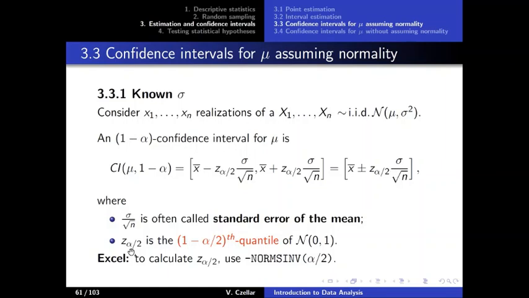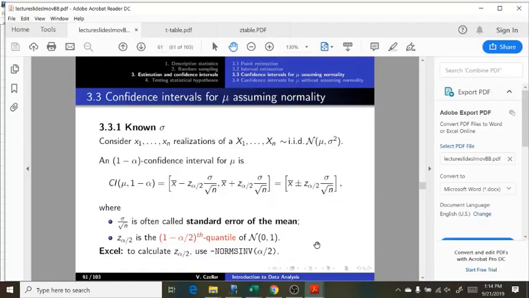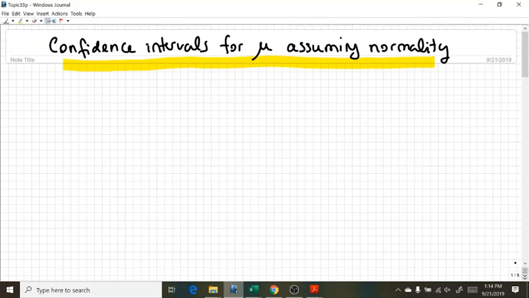Well, it's a quantile, but it's not the alpha divided by 2th quantile. It's the 1 minus alpha divided by 2th quantile of a standard normal distribution. So let's draw maybe the situation. It will be easier to understand this. So here is the standard normal PDF. And let me try to draw a standard normal PDF here.